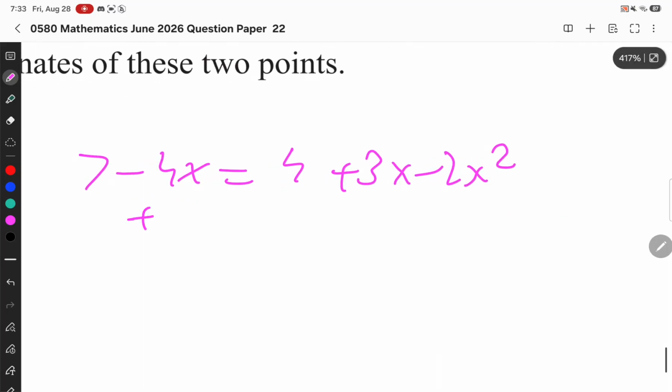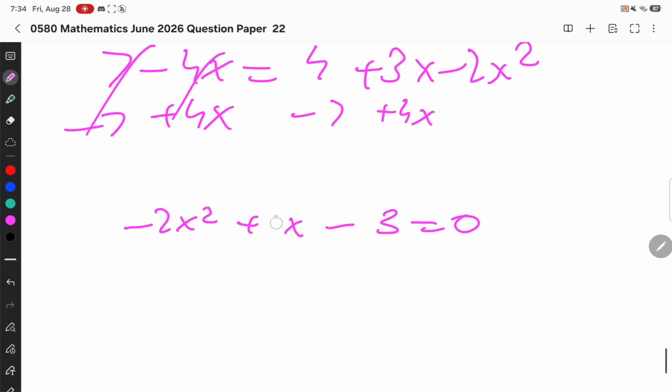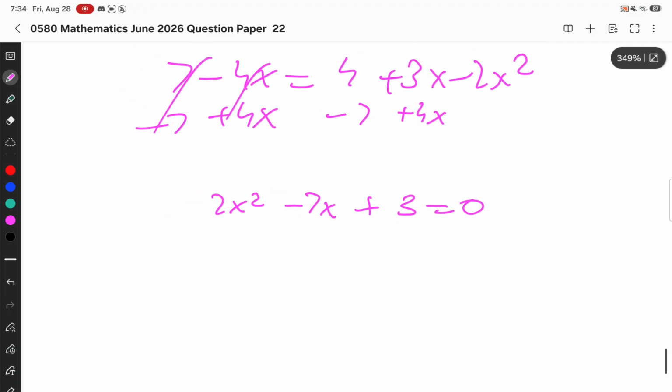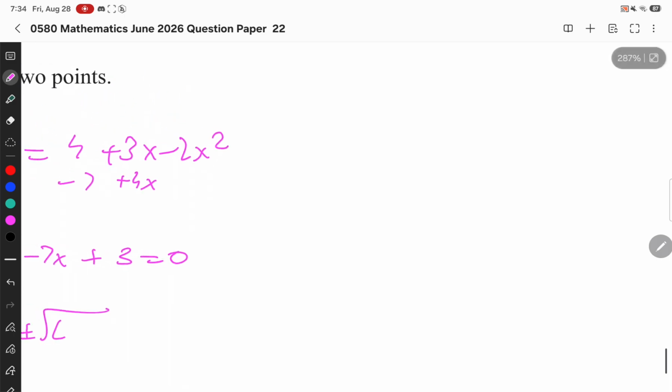So this is plus 4x minus 7. Negative 2x squared plus 7x minus 3 is equal to 0. This is the same as a negative on all. We do not care about that. We get 7 plus minus. Let's do the discriminant.